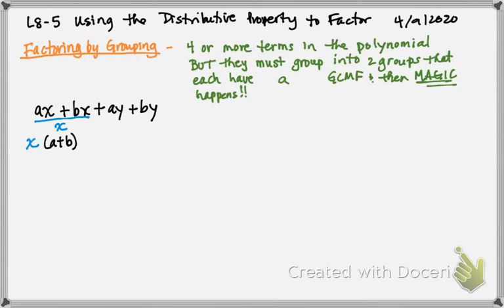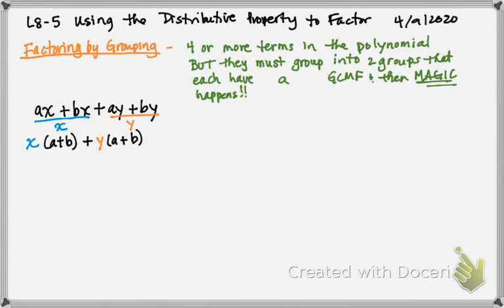And then it is a plus sign in the middle, so we're going to be pulling out a positive. And then the second grouping have a y in common, so that's their GCMF. And are you ready for it? Here comes the magic. I have A plus B left behind.